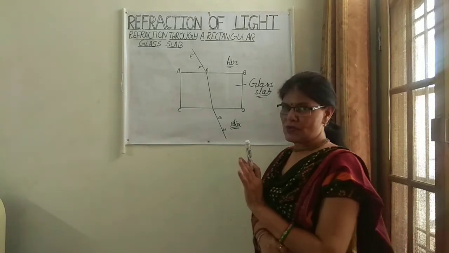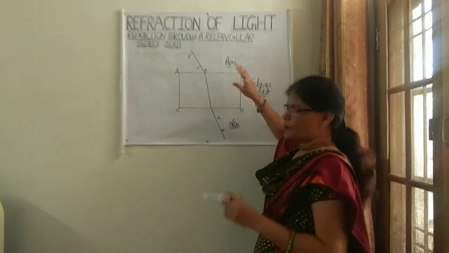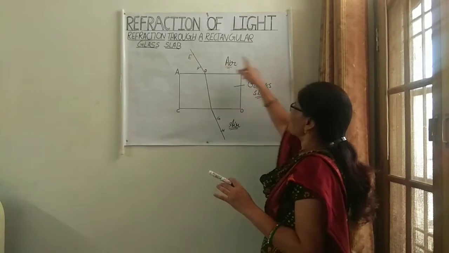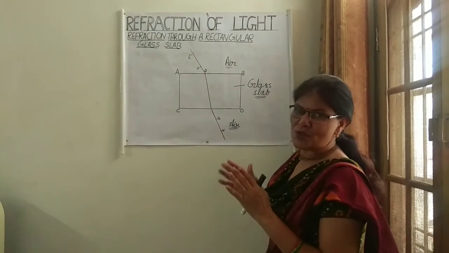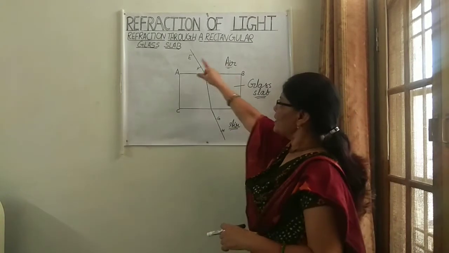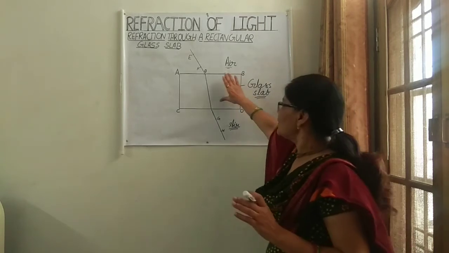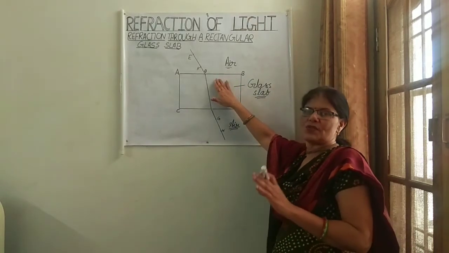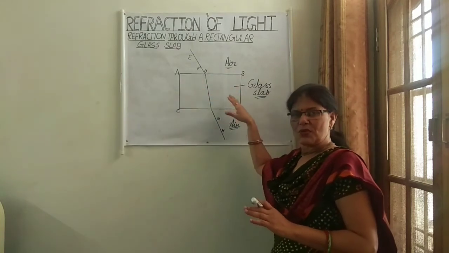First of all, you have to fix a plain paper on a drawing board by using 4 pins. When you fix the paper on the drawing board, you have to place the rectangular glass slab in the middle of the drawing board.